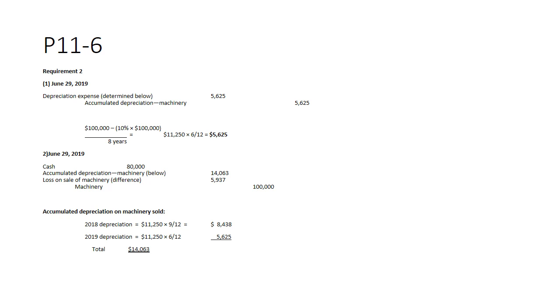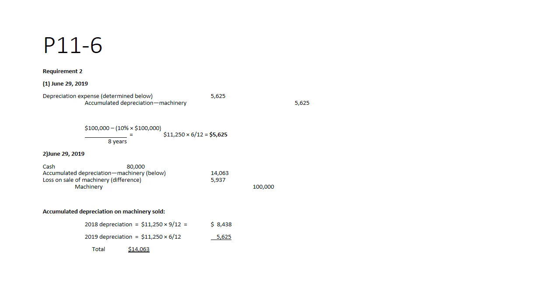In part 2, they want us to prepare the journal entries to record depreciation on the machinery sold June 29th, 2019. And then ultimately, how will we record the sale of the machinery on June 29, 2019? Now, if you saw in your reading, when you sell an asset that's being depreciated, you must make sure you have all depreciation recorded through the date of the sale.